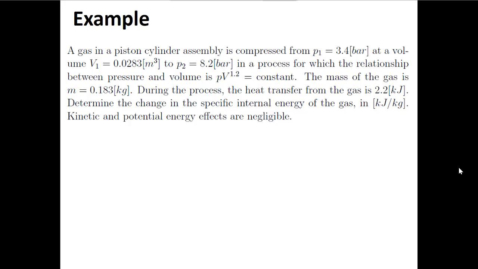The mass of the gas is 0.183 kilograms. During the process, the heat transfer from the gas is 2.2 kilojoules. Determine the change in the specific internal energy of the gas in kilojoules per kilogram. We can neglect kinetic and potential energy effects. So we'll try to do this problem together.